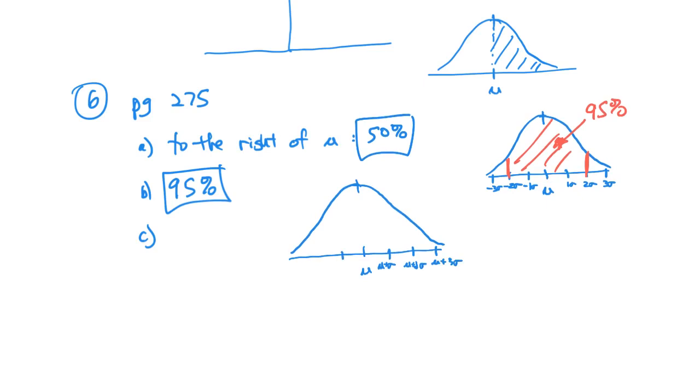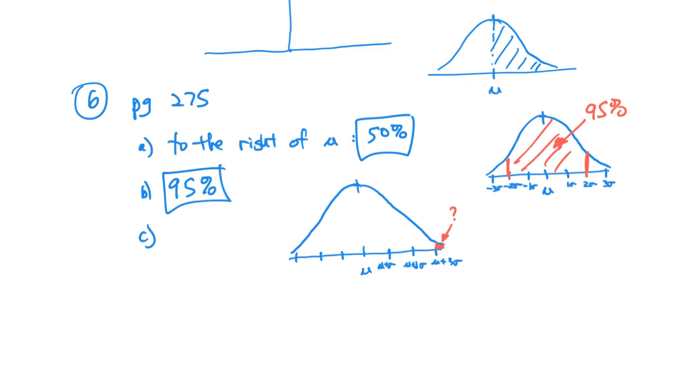It's kind of hard to draw those. And then this thing to the right of mu plus 3 sigma. So to the right of here, which is just this tiny spot right there. What percentage of the area under the normal curve lies there?